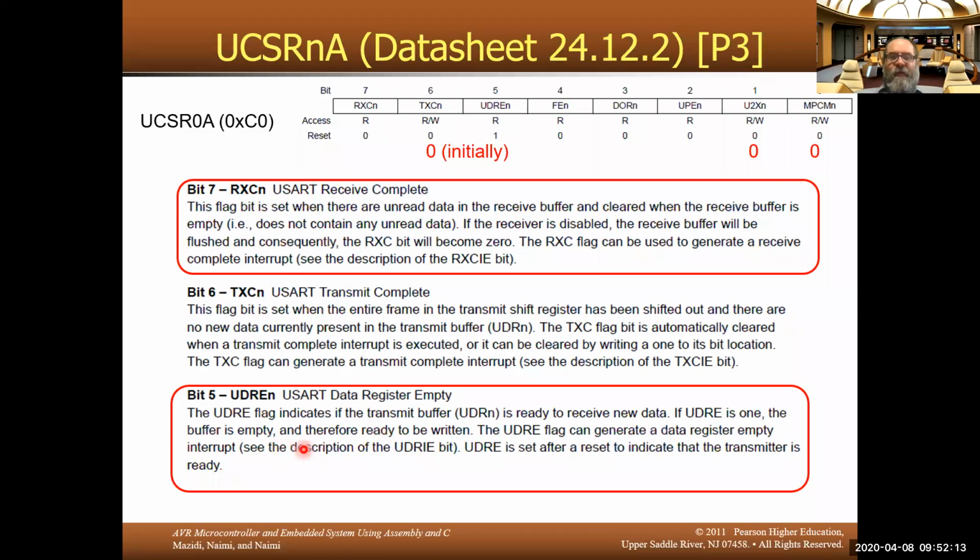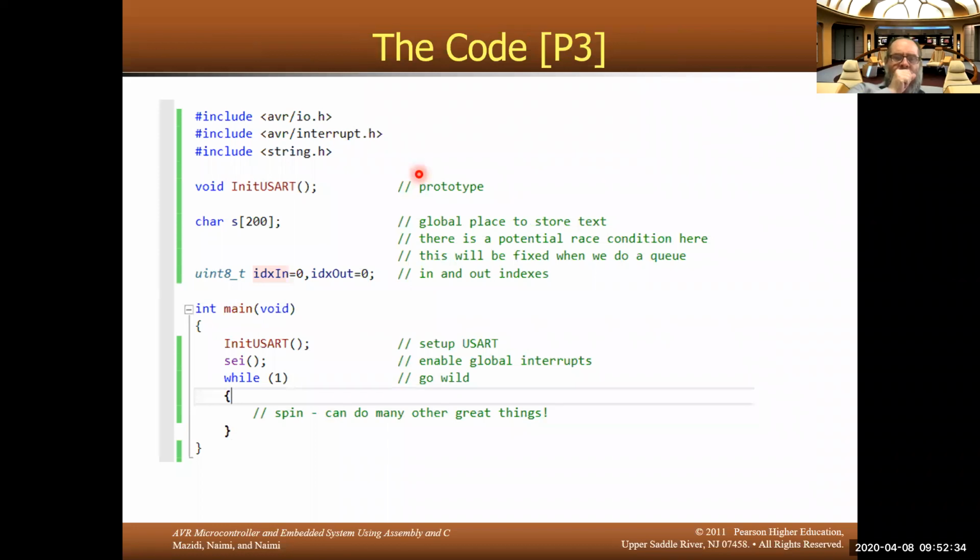So when I write something to the UDR register, the data register on the UART, it will generate an interrupt. That has more to do with the transmitting piece of it. But I can set that as long as this transmit is 0. And that's how I'm going to control whether I'm transmitting anything or not.